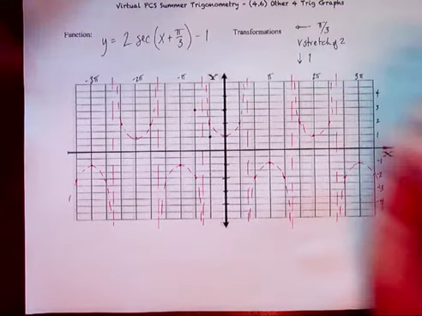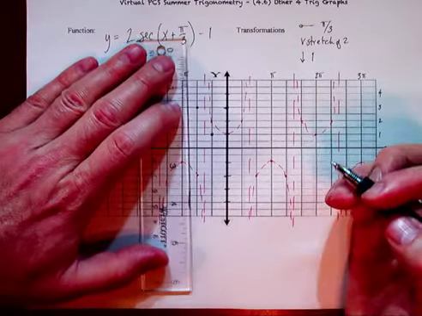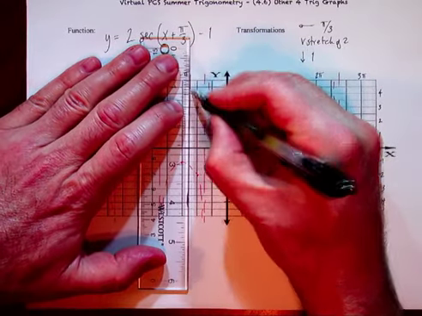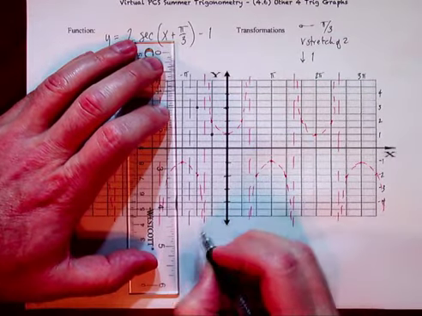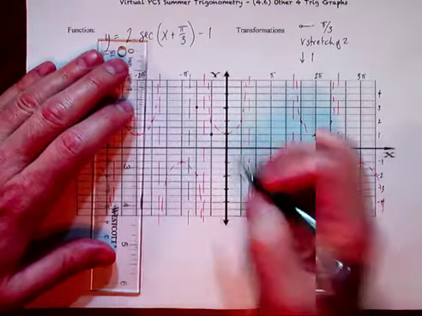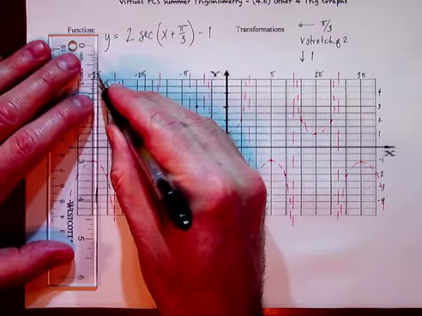Okay. Now, we've shifted everything to the left pi over 3, and of course that includes the asymptotes. So this red asymptote has moved over to become this one, and so basically you just need to give me new asymptotes.